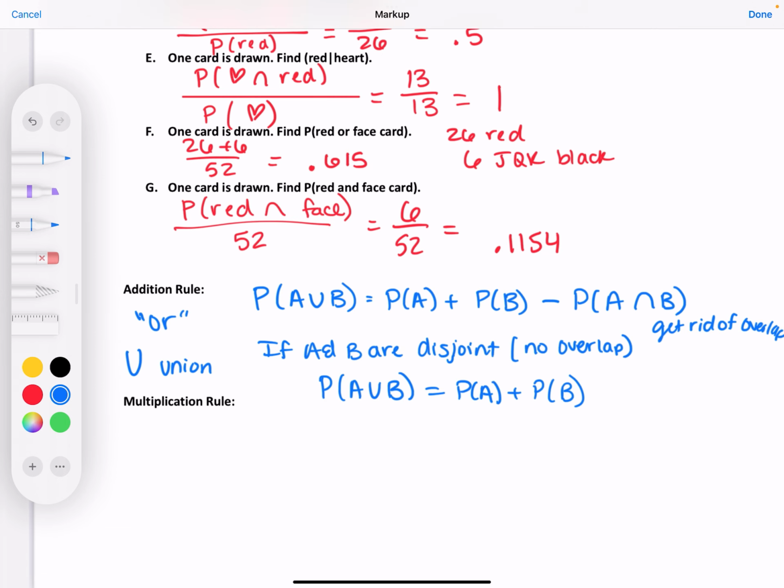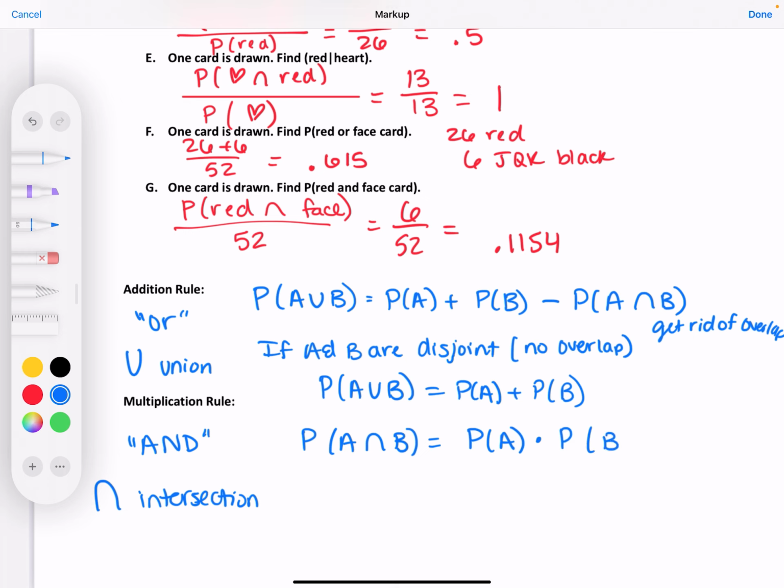And then the multiplication rule, we're thinking "and." We're looking for intersection. Those are our clue words. So the probability of A intersect B is equal to the probability of A times the probability of B given A. And this could also be written as the probability of B times the probability of A given B, another way you could write it.